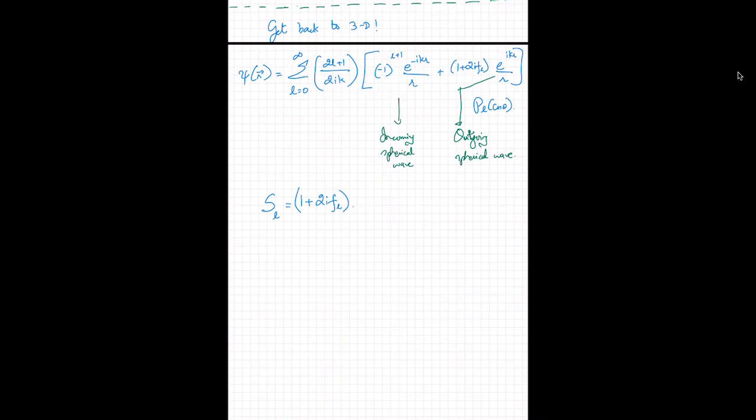And as you can easily see, for rotationally invariant potentials, a scattering matrix is basically a diagonal matrix. It has no off diagonal elements. It only has elements 1 plus 2i f_L, where L equals, of course, 0, 1, 2, and so on. Okay. So far, so good. So if I have a diagonal matrix, which is a unitary matrix, then what should the diagonal elements be?